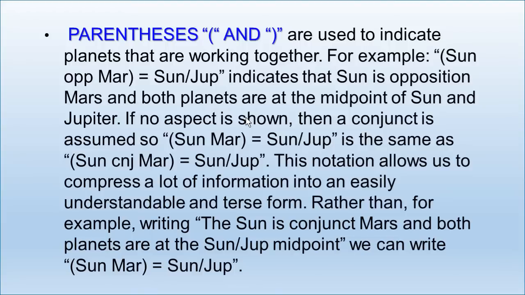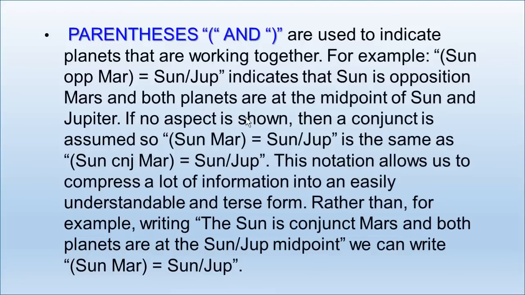It means that Sun is opposition Mars, putting parentheses around that because that's like one thing. Sun is opposition Mars, and that Sun opposition Mars is at the Sun-Jupiter midpoint. So it means that Sun is opposition Mars, and both planets are at the midpoint of Sun and Jupiter.